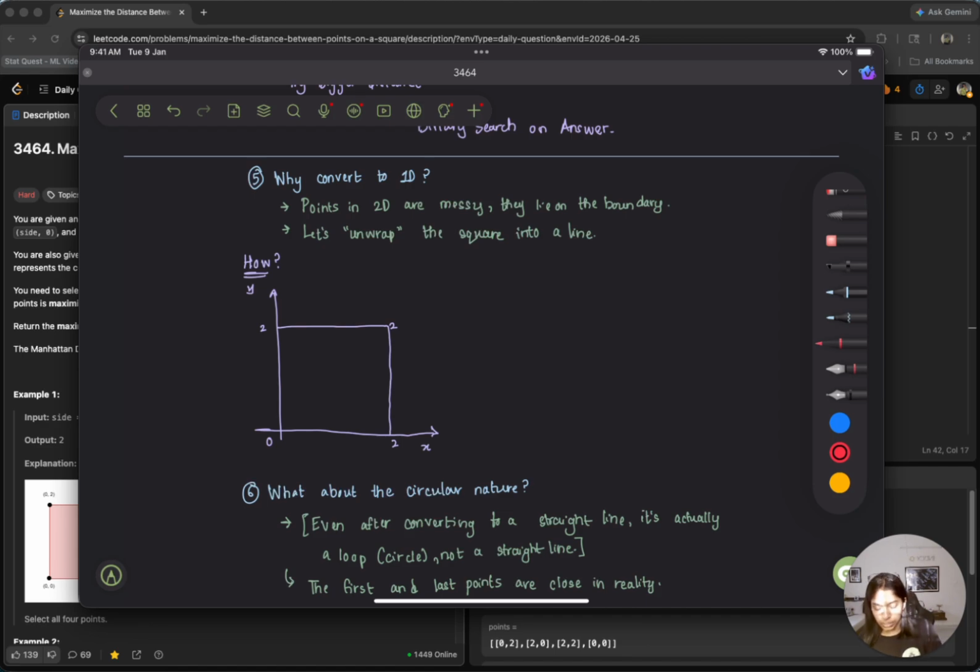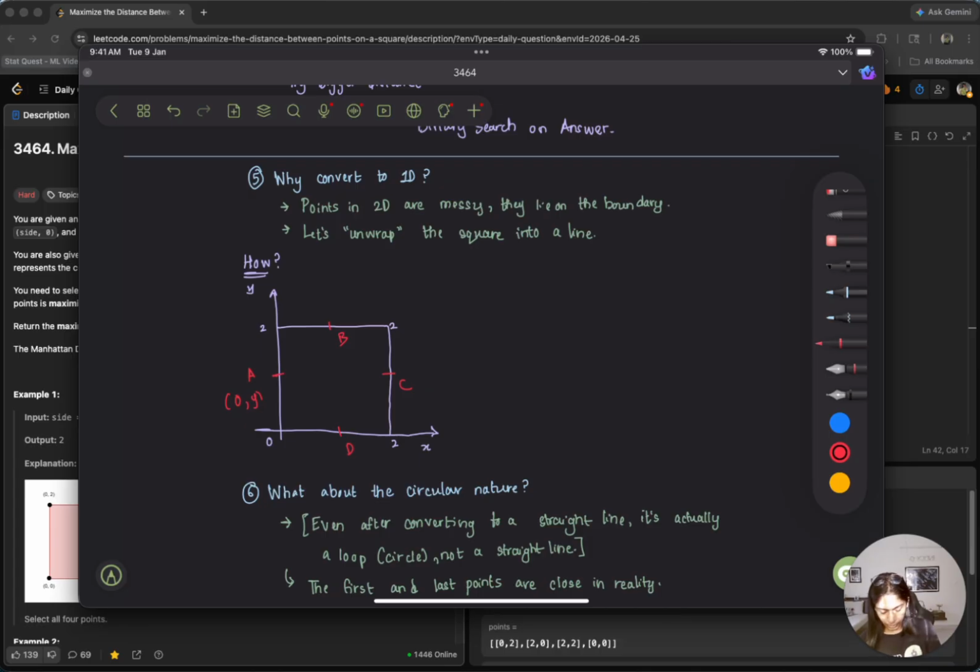So let's look at the square over here. Let's say there is a point A, there's a point B, C, and let's say D. Now, if I look at the point A, I know its coordinate is 0, comma, whatever y value is here.